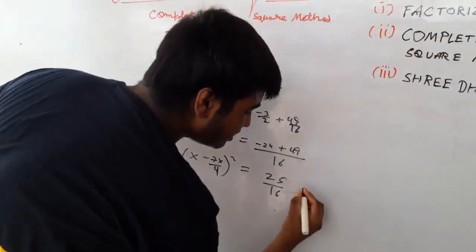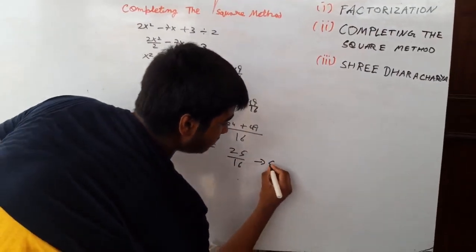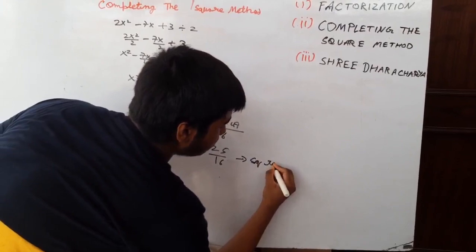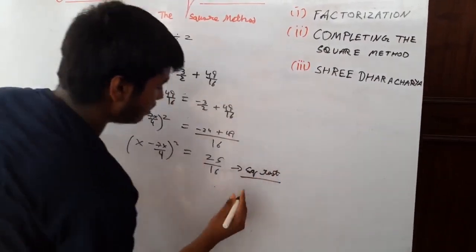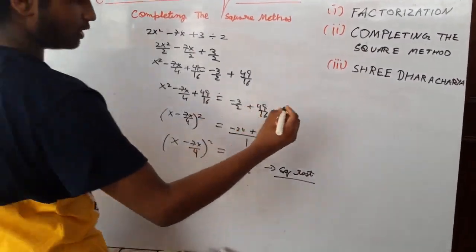Now we'll just square root both sides. I'm continuing from here.